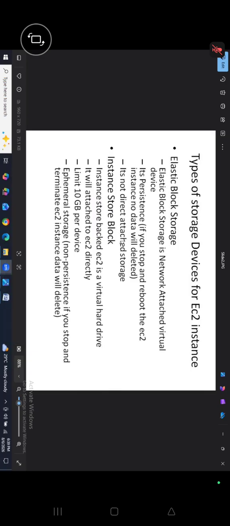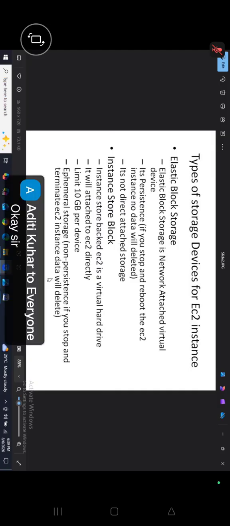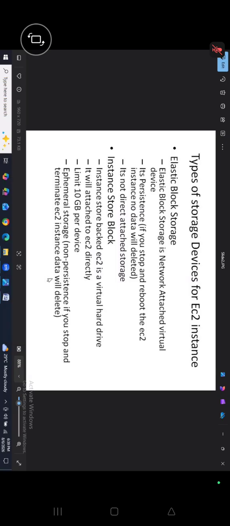Exactly, Aditi. EBS is the hard disk of our EC2 instance. Without a hard disk, can we install the operating system? No, right? In the same way, if you have an operating system in your EC2 instance, you have block storage, meaning our hard disk. So EBS is a hard disk in EC2, right?